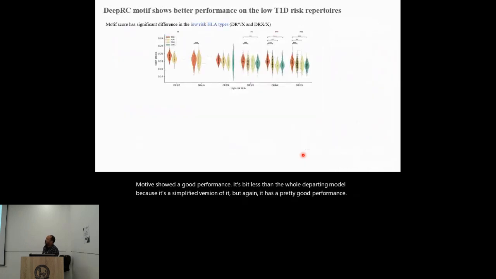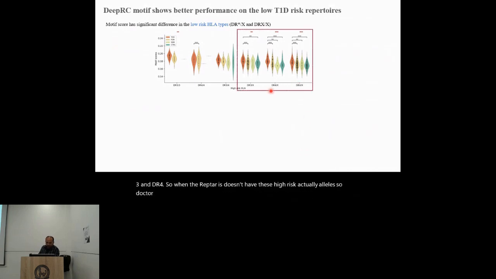The main output from this DeepRC is that when we stratified all these repertoires based on their HLA types, so I told you the conventional high-risk HLA alleles are the DR3 and DR4. So when the repertoire doesn't have these high-risk HLA alleles, so DRX by X and DRX by X doesn't have a high-risk allele, there you can see that DeepRC was able to predict which repertoire has higher risk for type 1 diabetes.